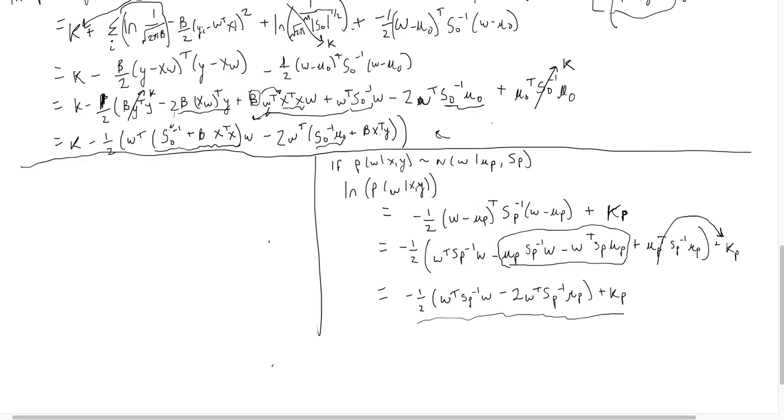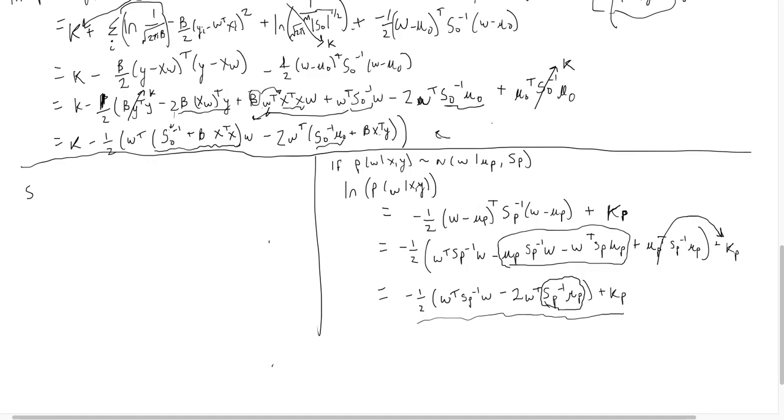To make that clear, the pattern is w transpose times some matrix times w minus 2 times w transpose times some other matrix, or that other vector I should say, it's not a matrix, it's a vector. So minus 2 times w transpose times this vector. So let's make those equal and see what we get.